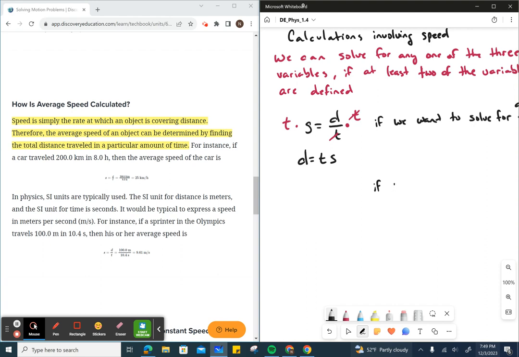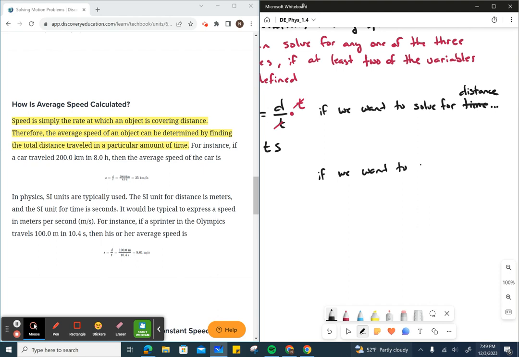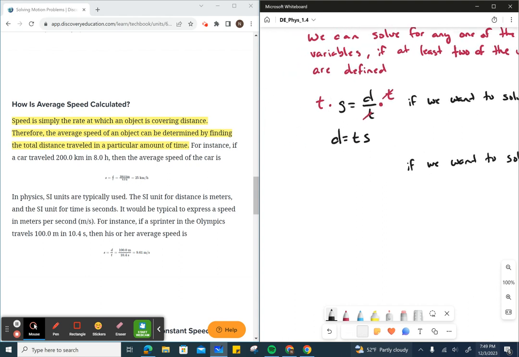Okay, now let's do the time. If we want to solve for time, then let's take our formula again, speed equals distance over time. In this case, we need to get the t all by itself.